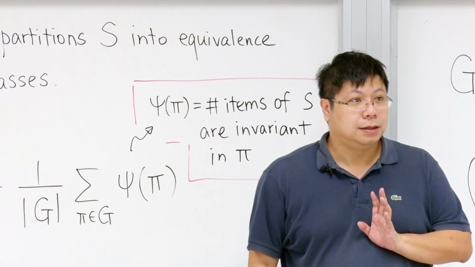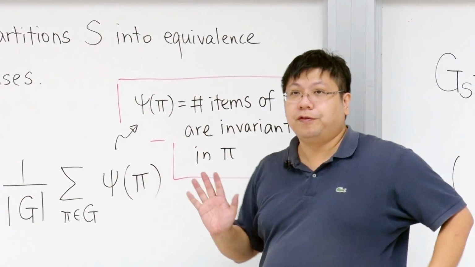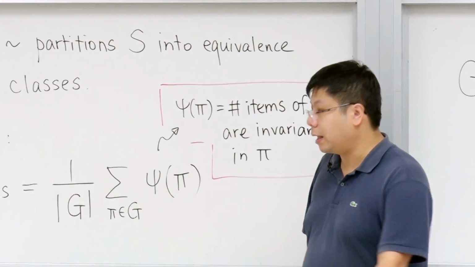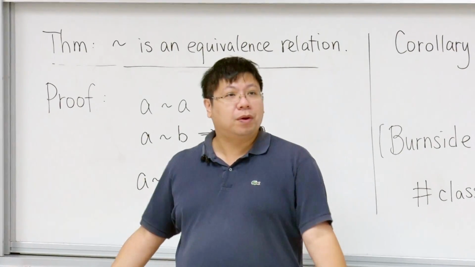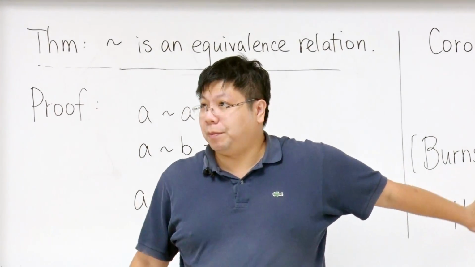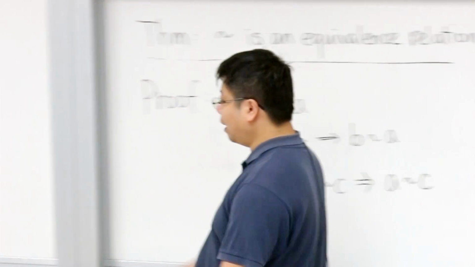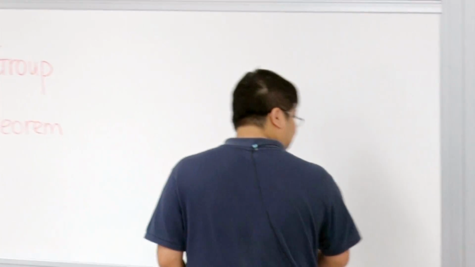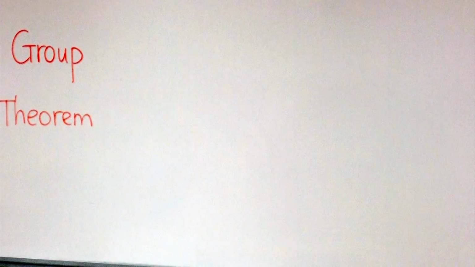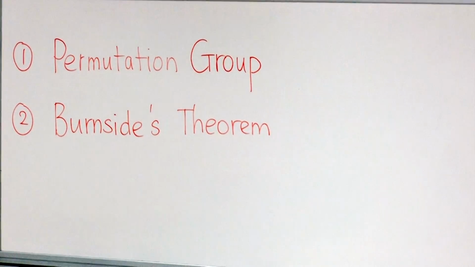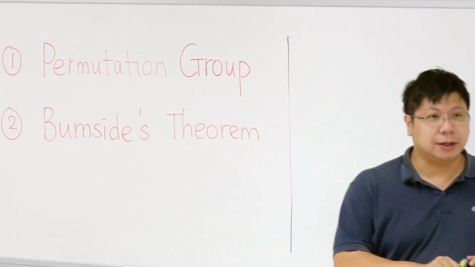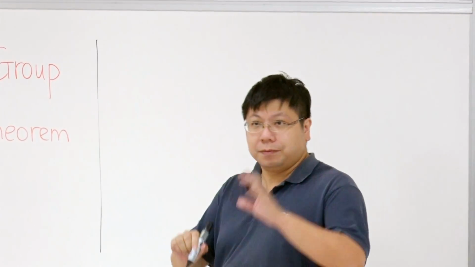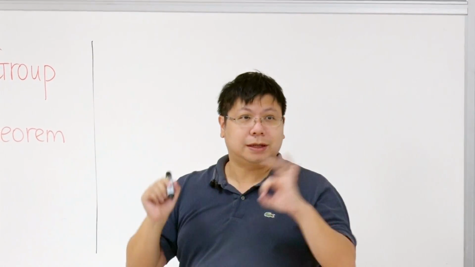Is that okay? Now, let's skip the proof of Burnside for now, but let's see its application because it is more amazing. So let's believe in Burnside, and let's see how it can help us solve our original problem. For our original problem, we are going to count how many equivalence classes of the triangle colored in 2 colors.